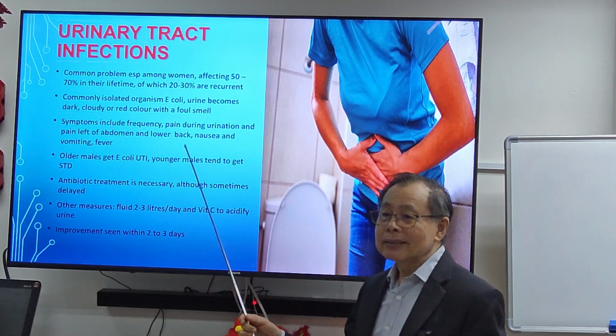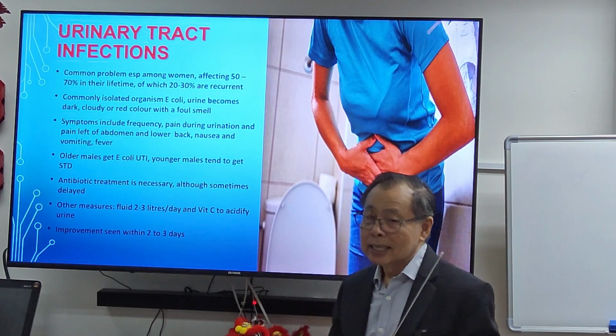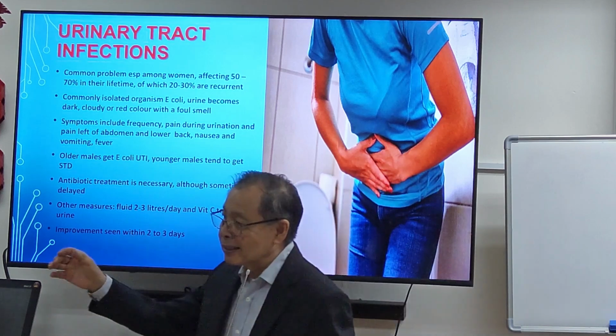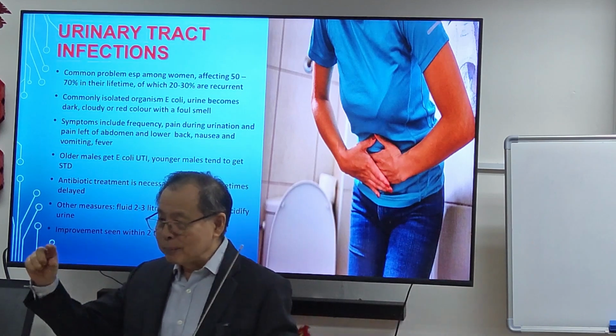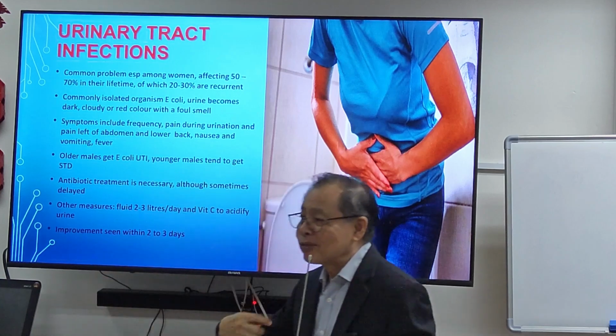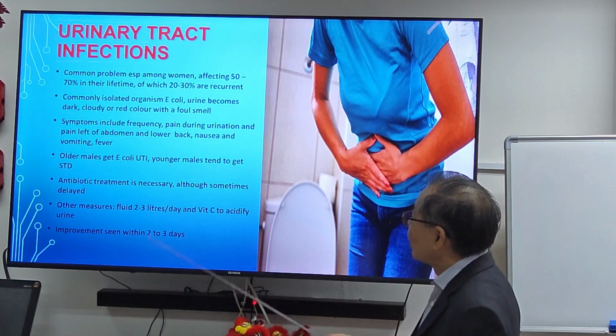And in younger males, it's usually a sexually transmitted disease. The reason more females get it than males is that the female urethra is very short. The male urethra is very long. That's why males seldom get it.